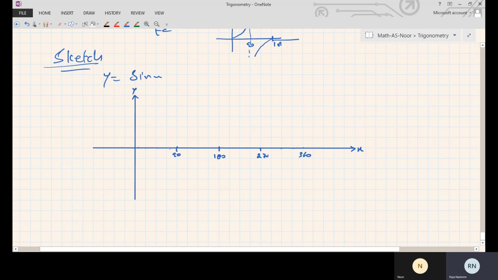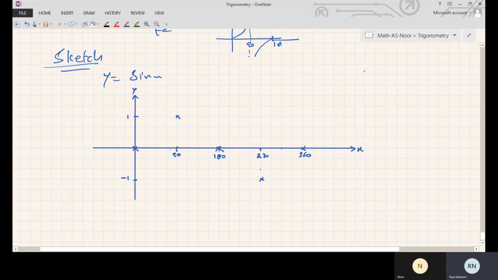Then by using the calculator, the first angle is 0. Sine 0 will give you answer 0. Sine 90 will give you answer 1. Sine 180 will give you 0. Sine 270 will give you answer minus 1. And 360 would be 0.